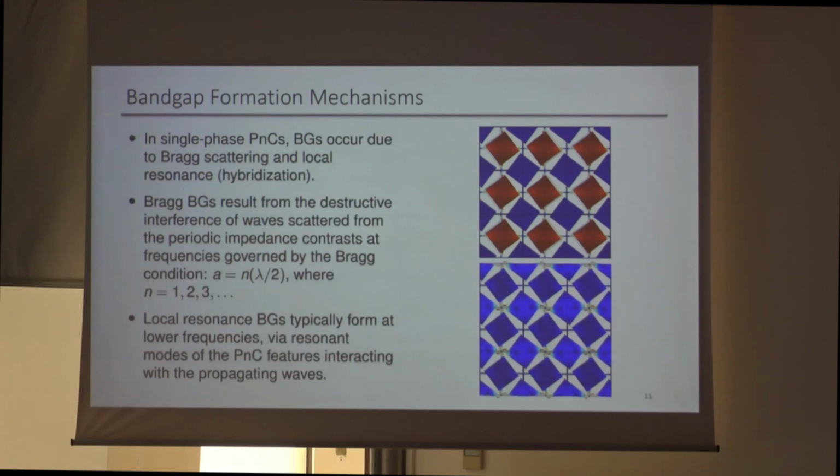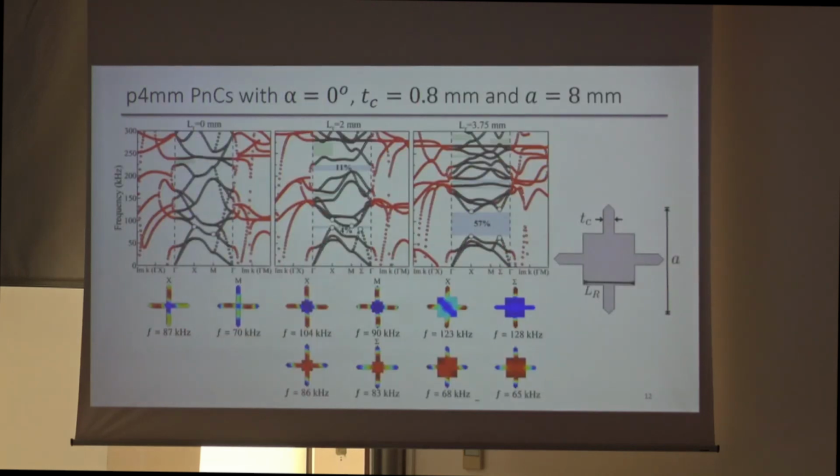And the local resonance typically occurs from scattering on the local resonators. This usually happens at lower frequencies, and here you can see an example of the vibrating local resonators, or vibrating connectors. The frequencies of the vibration will be different. Consequently, we will have different band gaps.